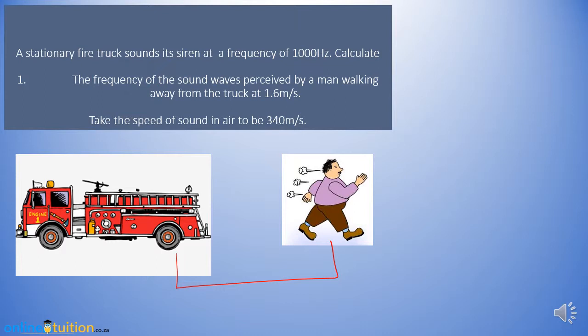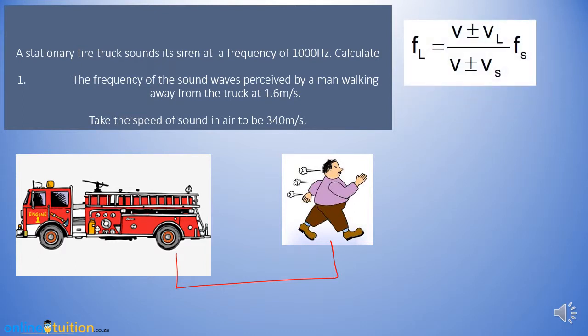And the spreading out of these waves results in a reduction of the frequency, and hence the pitch must be lowered. So essentially, our final calculation for the frequency perceived by this guy walking away from the truck should be less than 1000 hertz.